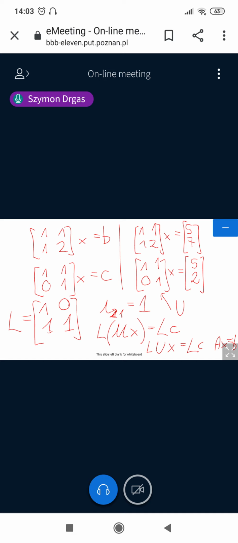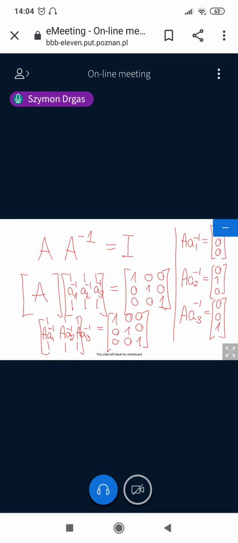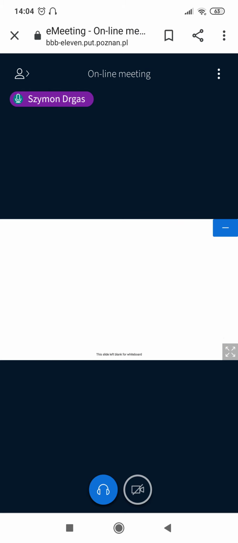Before that, let's do task number 2, because I think it'll be easier to explain LU decomposition after doing it.